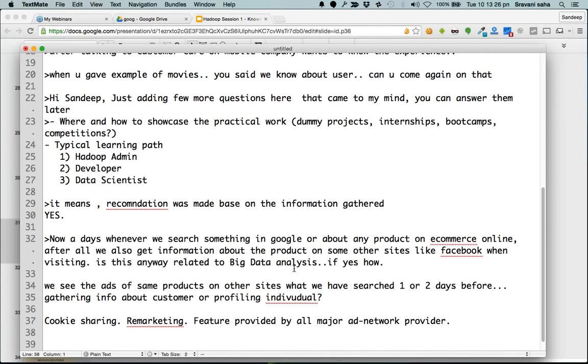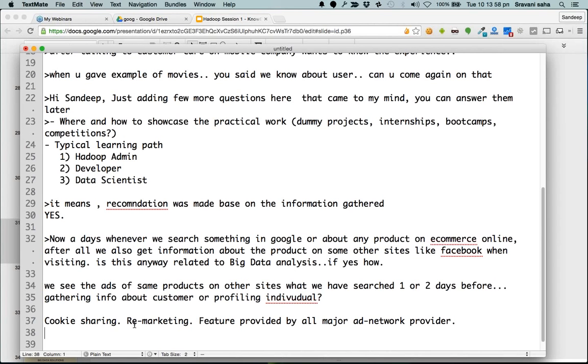The idea is that the cookie or the information gathered about you by Google or any other website, say you visited a big data site once, is automatically tracked by Google, and then they will start showing it elsewhere wherever there is a Google ad. So this is called remarketing.